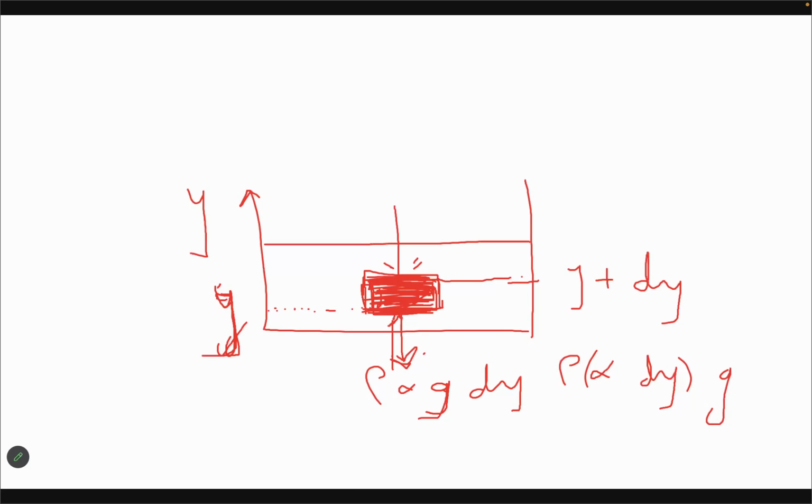Okay, so this is being marked as P plus dP multiplied with area, into alpha. These are the force from bottom, and the force from top will be P into alpha.